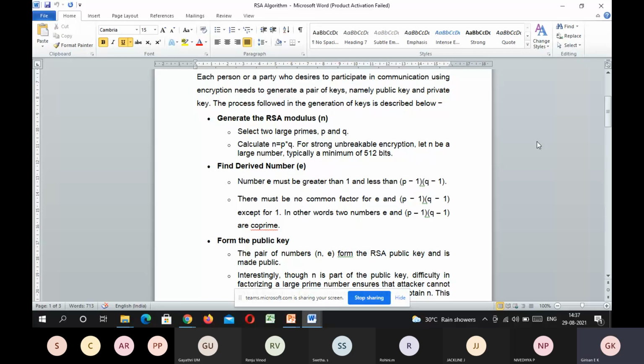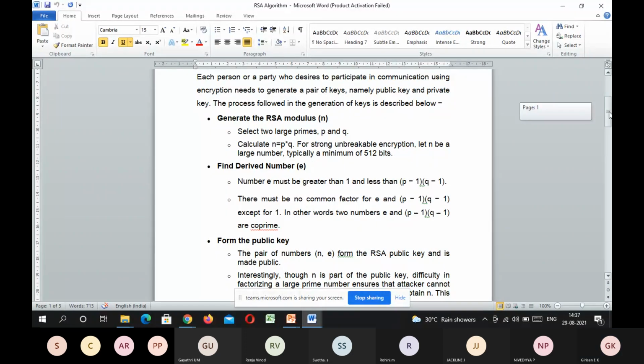There must be no common factor for E and (P minus 1)(Q minus 1) except 1. In other words, the two numbers E and (P minus 1)(Q minus 1) must be co-prime. Now we have got E also. Already we have P, Q and N. With that we make use of N and we have derived E.